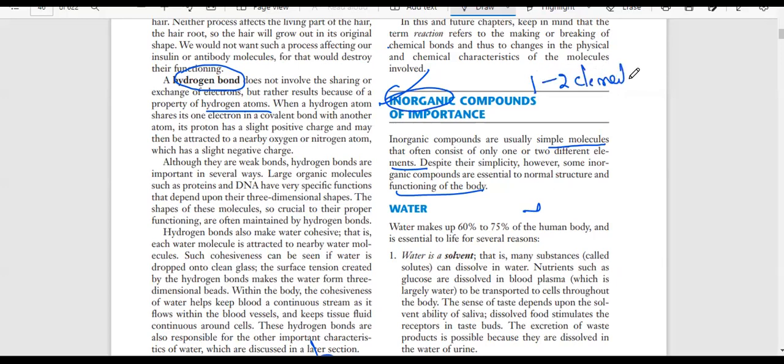This is the first definition given by the book. And the second is that these are essential for our body, but the body does not produce them by itself. It will get them from outside.